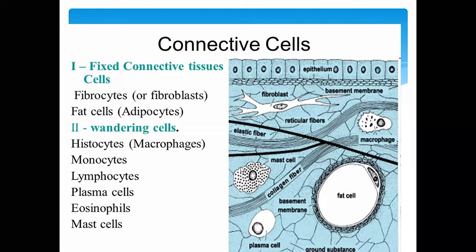Now, if you see this schematic diagram, you have here the different cells and the fibers of connective tissue, and you have here your epithelium. You have discussed this previously, and you would see that there is almost no space between the cells.